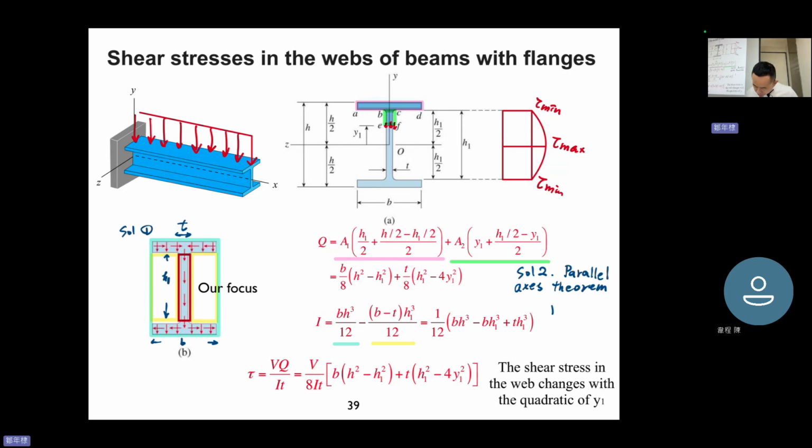How can we do that? Okay, so solution two is that I encourage you to go back home and practice the parallel axis theorem. You can do that. Firstly, your red part is okay.